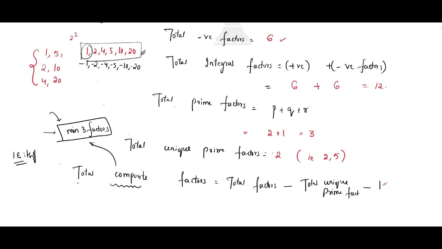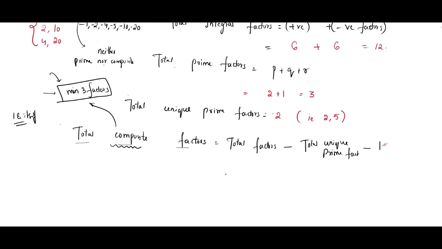But in this question, total composite factors, we already know that one is neither prime nor composite. So we need to eliminate number 1, so I subtracted 1 from here. In this case of 20, total factors are 6, total prime factors are 2, so minus 1. So we have 6 minus 3, 3 is our answer.